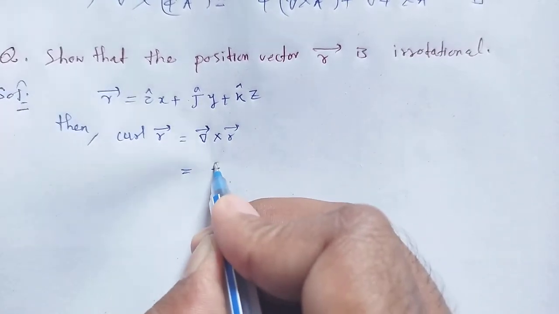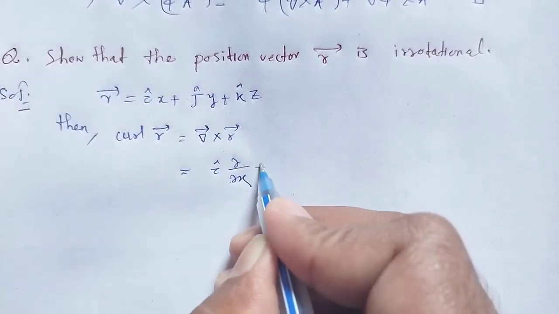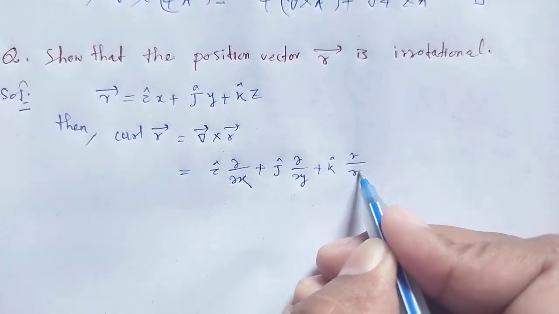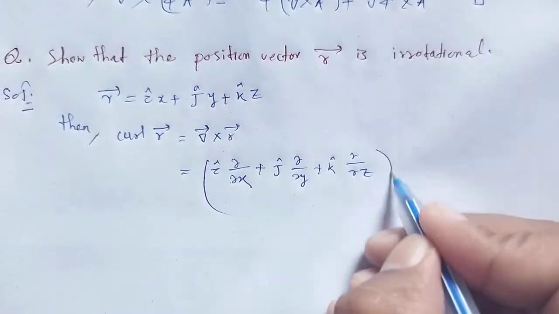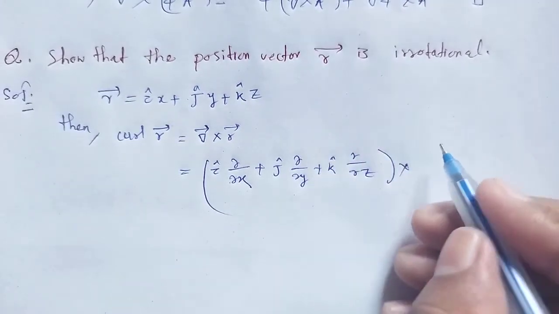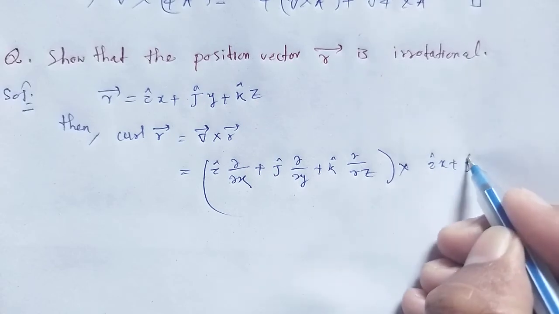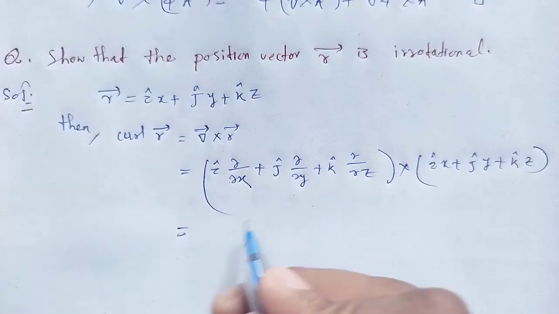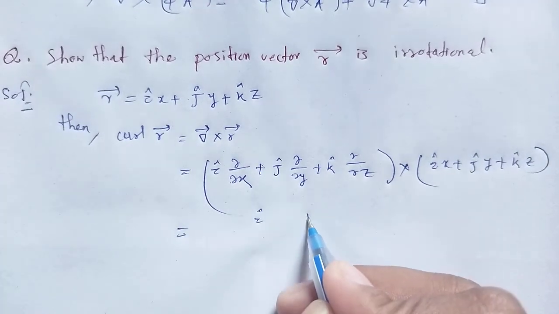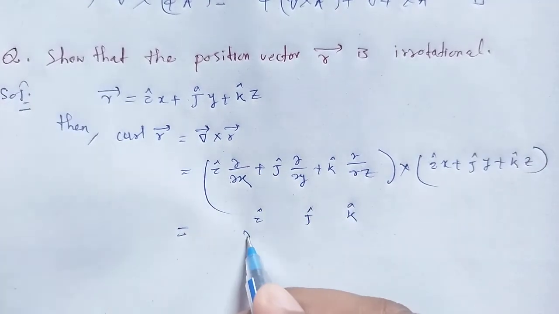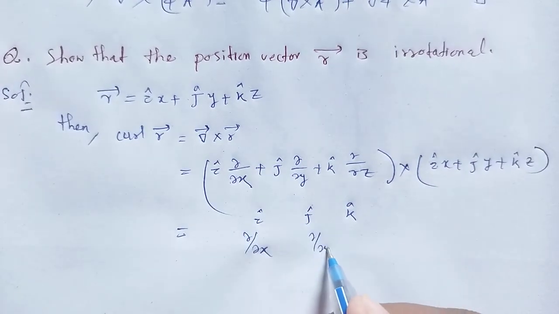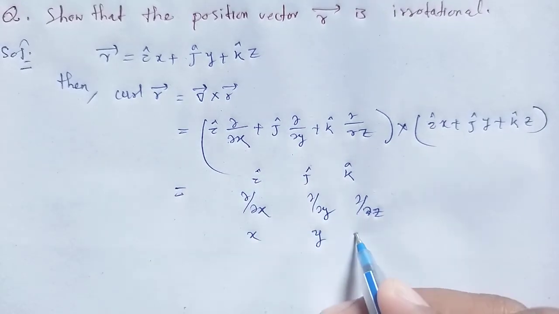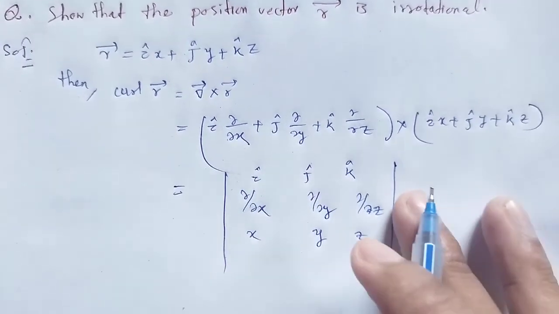In place of grad, i cap del by del x plus j cap del by del y plus k cap del by del z, cross in place of r vector, that is i cap x plus j cap y plus k cap z, that is nothing but the determinant of i, j, k, del by del x, del by del y, del by del z, x, y, z.